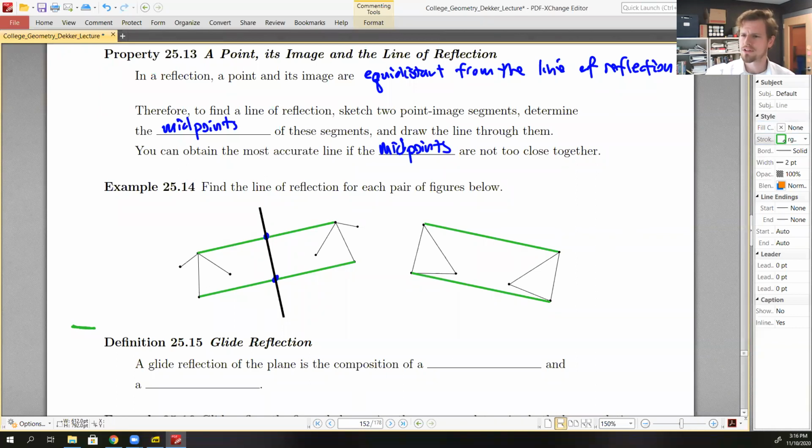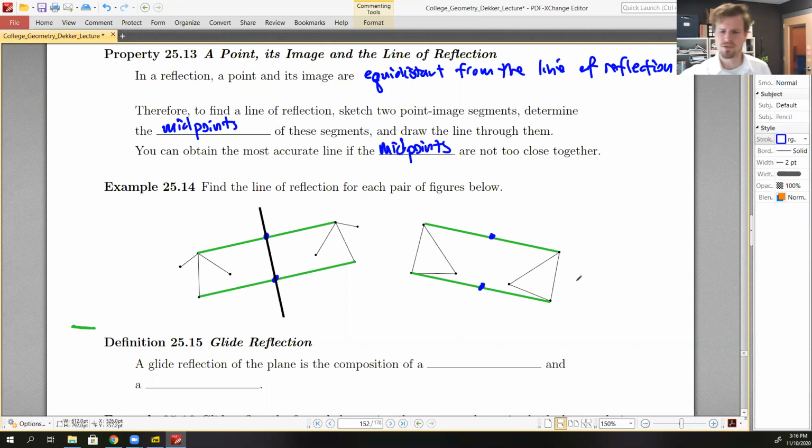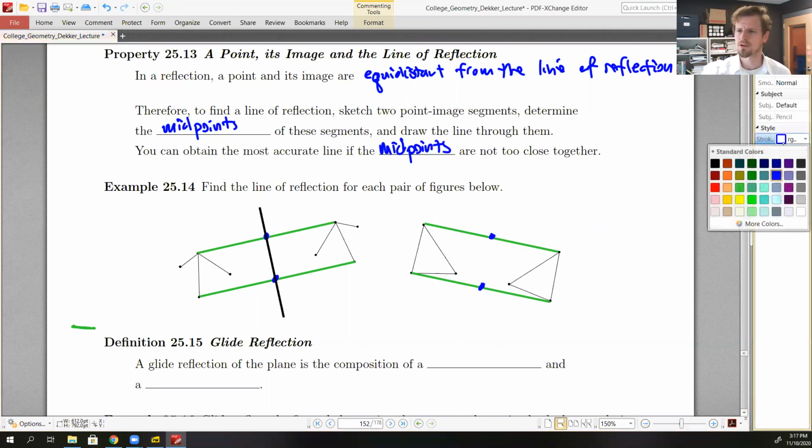And then we want to find the midpoints. So midpoint is about there, midpoint is about there. Again, you can use a compass to find exact midpoints, which is exactly what you should do in your homework.